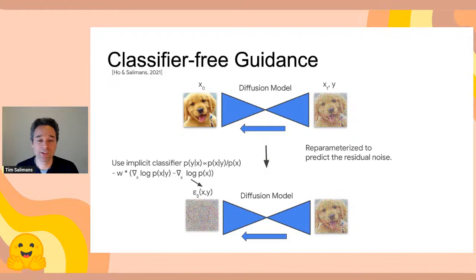So if we take that implicit classifier, we take the log gradient again, then we get this other term, which is the difference between the gradient with respect to x of the log density given the label and the gradient of the log density unconditional of the data of the prompt. And this difference we add into the estimate of the noise, and this works quite well.